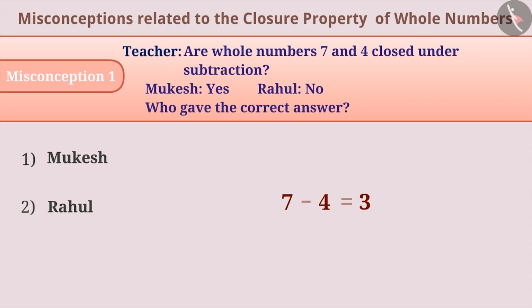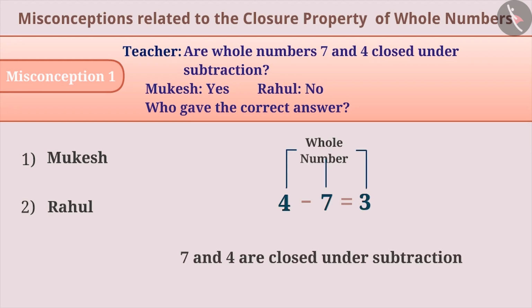With the same understanding, it is assumed that 4 minus 7 is equal to 3. Since 3 is a whole number just like 7 and 4, 7 and 4 are considered to be closed under subtraction. So based on this understanding, Mukesh's answer seems correct.